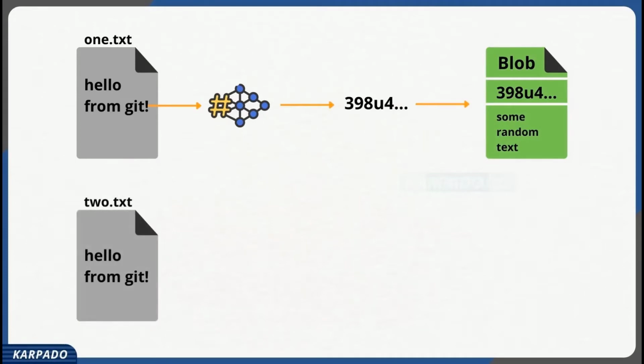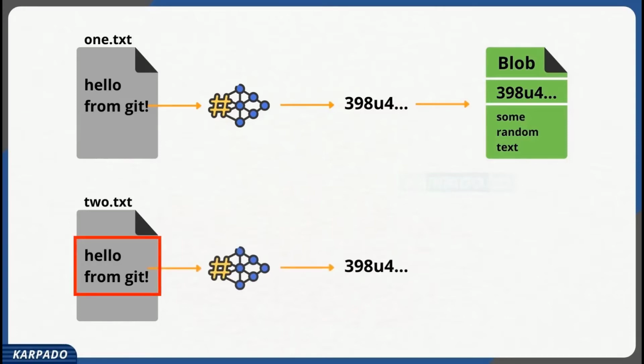Now assume that I've created one more file, say 2.txt, with the exact same text as to that of 1.txt, hello from Git. Once again, assume that I've added this file onto the staging area. Git would once again try to generate hash code out of the contents of 2.txt file.